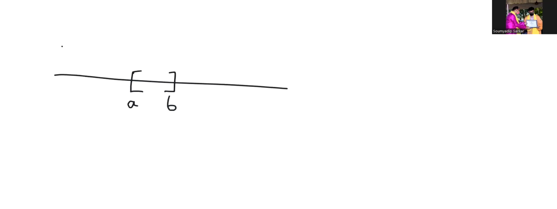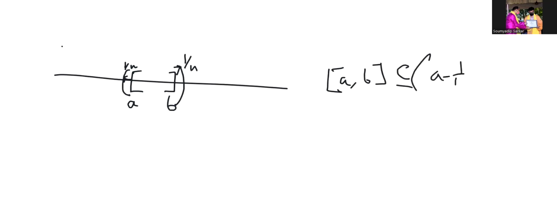So if I allow an error of length 1 by n on both sides, basically what I'm trying to say is that the closed interval AB is contained in the open interval a minus 1 over n comma b plus 1 over n.